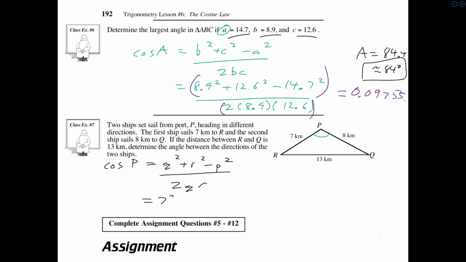So 7 squared plus 8 squared minus 13 squared over 2 times 7 times 8. So 49 plus 64 minus 169. Uh-oh, I have a negative number.